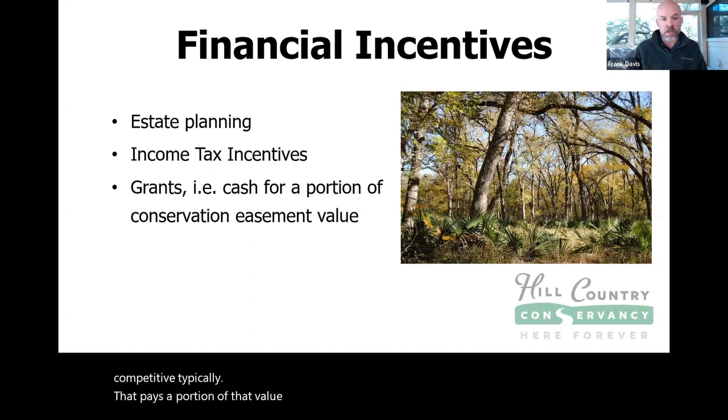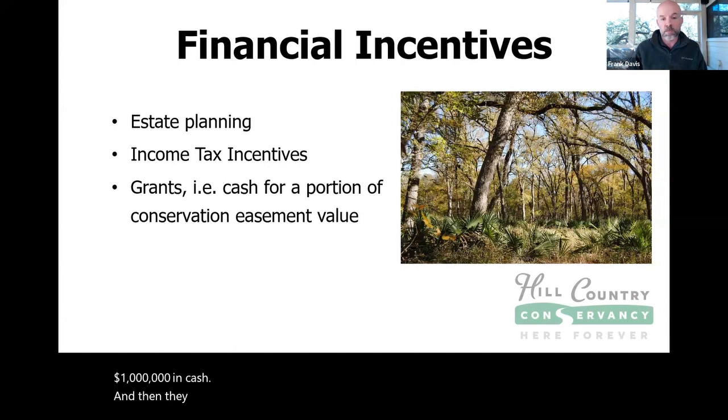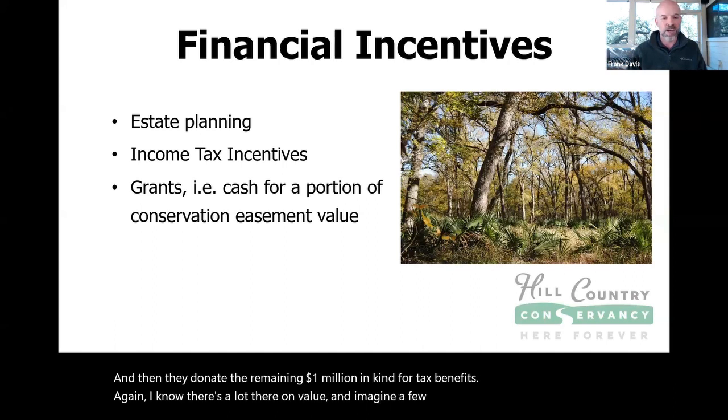Just hypothetically, in the situation where you have a conservation easement worth $2 million, there's some situations where somebody can receive, say, $1 million in cash, and then they donate the remaining $1 million in kind for tax benefits. Again, I know there's a lot there on value, and I imagine a few of you have your heads spinning, so I apologize.